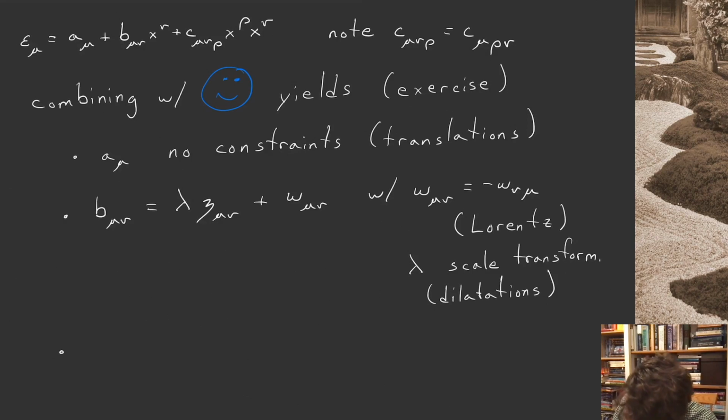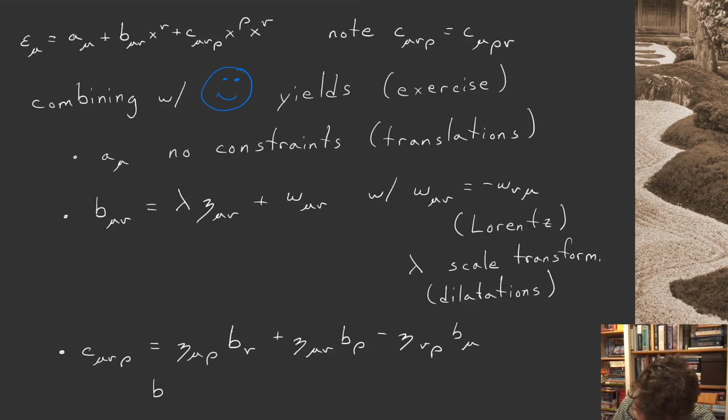And finally, we've learned something new. There are these guys that are quadratic in the x's, the c mu nu rho. These actually only depend on a vector. The only thing consistent with the transformation law is to let this 3 tensor actually be a vector. I can write that as Minkowski tensor times b, Minkowski tensor with the indices scrambled a little bit, times b, and then same thing again.